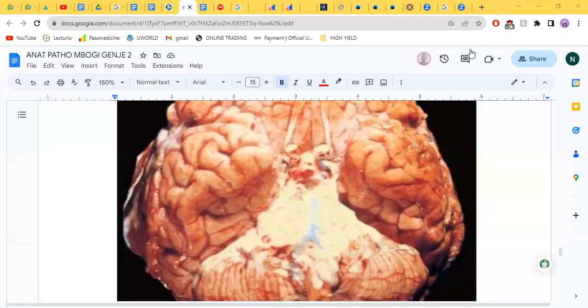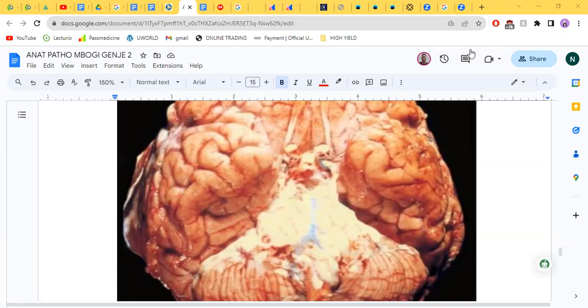So it's extending all the way from the optic chiasm, going all over the pons and the midbrain, and ending at the cerebellum. Now, what could be the diagnosis? TB. Yes, the answer is TB.